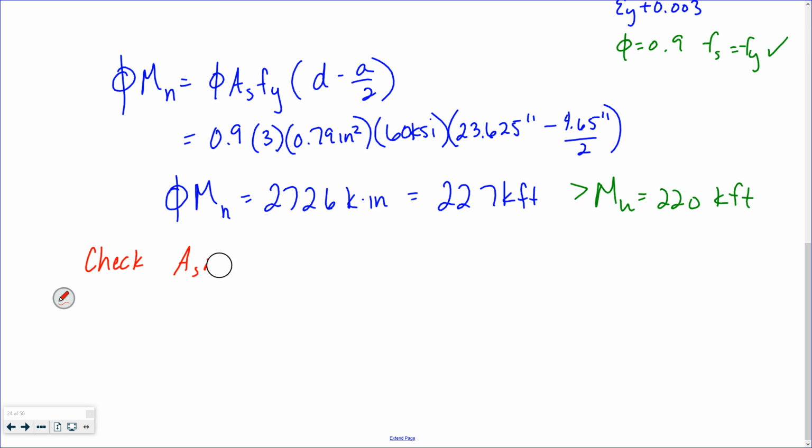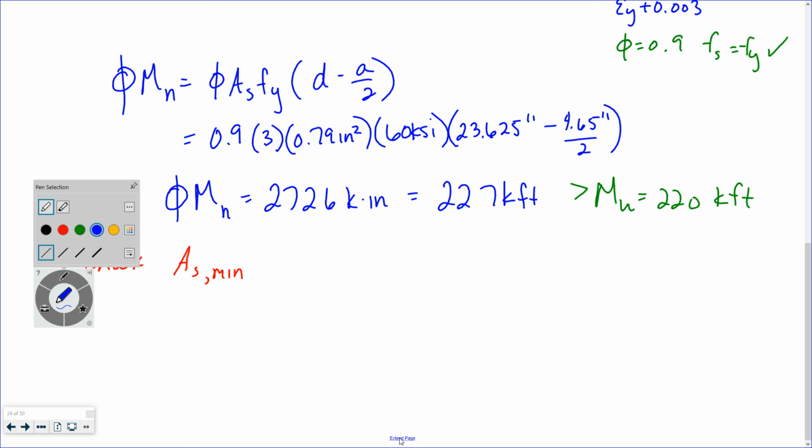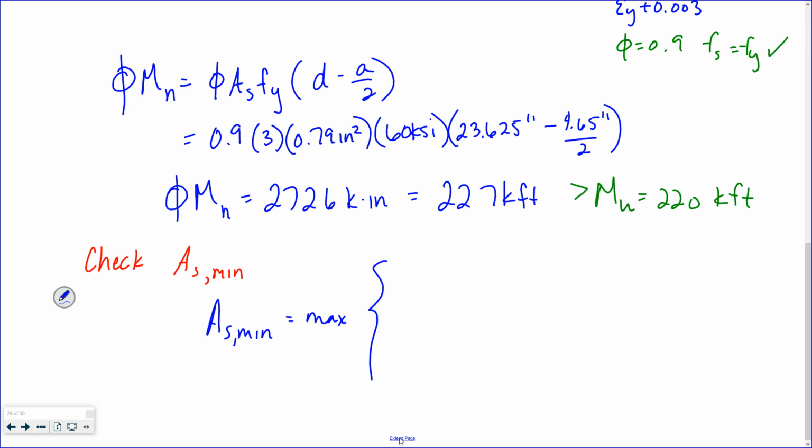All right, I'm going to check my minimum area of steel. It's the maximum of, I look it up every time, 3 times square root of f'c over fy times bw d, or 200 over fy times bw d.